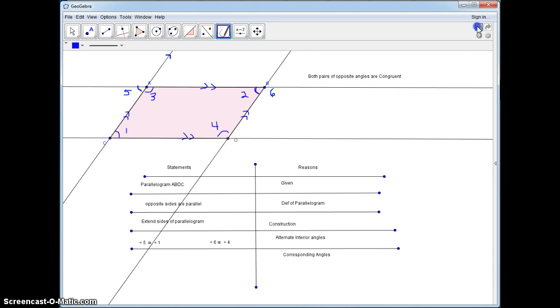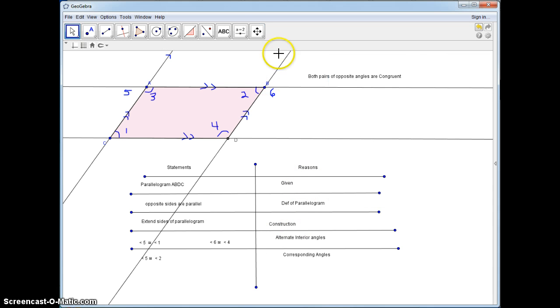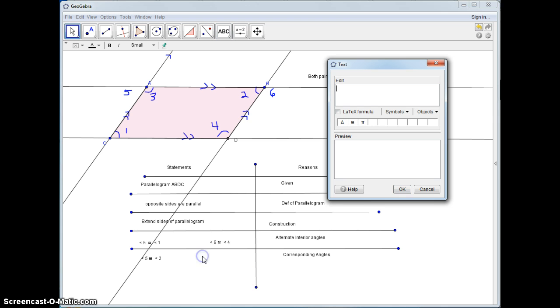But I'm going to undo that because it's going to mix up all my markings. So angle 5 is congruent to angle 2 because they're corresponding angles. Similarly, we have these corresponding angles too. 6 is in the bottom right, and corresponds to angle 3.